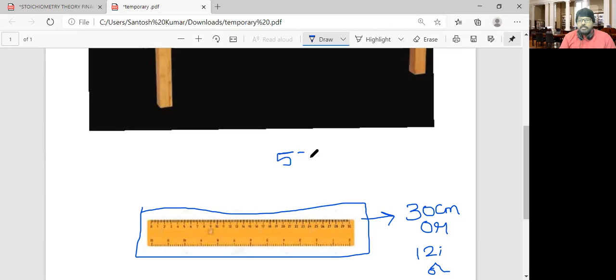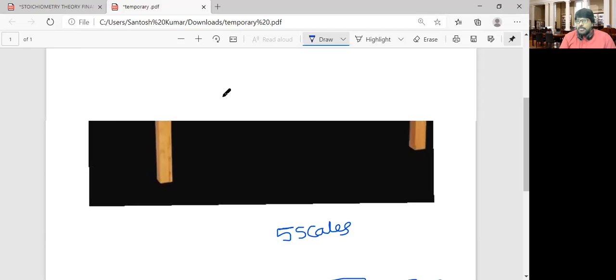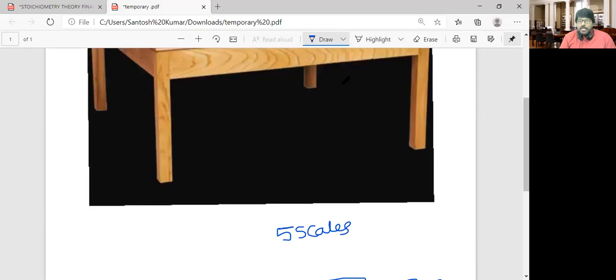Whatever length you are expressing, that is relative length.